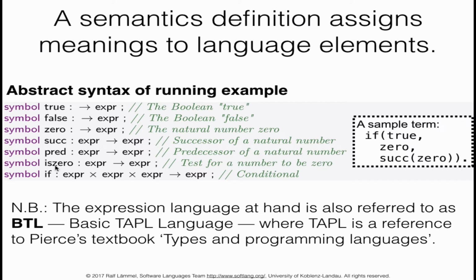We also have a construct isZero to test for a natural number to be zero and to return a boolean. And we have an if-else. This expression language, we call it BTL for basic typed language, where typed refers to Pierce's textbook Types and Programming Languages.